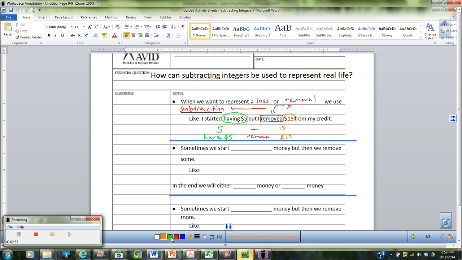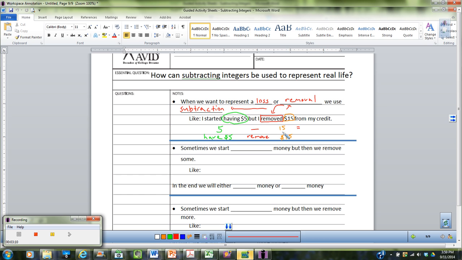So in this story, let's think about this. You only have $5, but you remove $15 from your credit. The question is, did you remove more than what you actually have? Well, if you spent $15 on credit and you only have $5 to your name, that means you spent more than what you have. So I can only pay back 5 of the $15 that I borrowed from my credit.